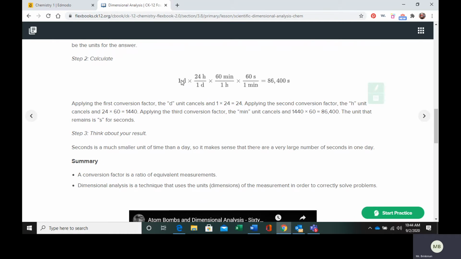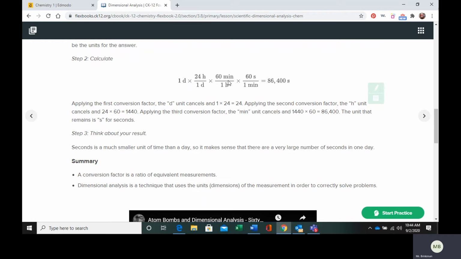So day is going to cancel out, because this counts as the top. So this day cancels out, this day cancels out. Now we have hours on top, so we need hours on the bottom. So we put 60 minutes per hour. Now hours are going to cancel out.